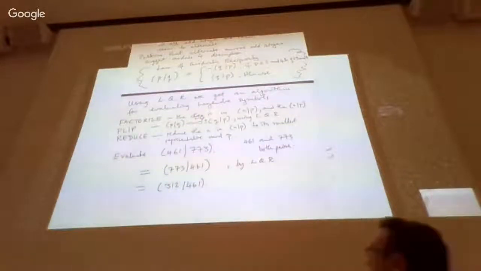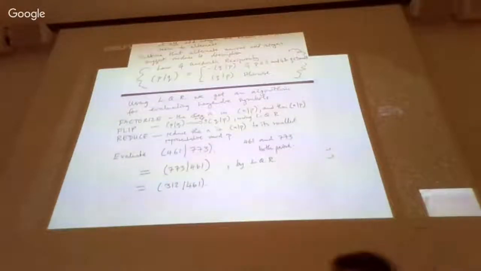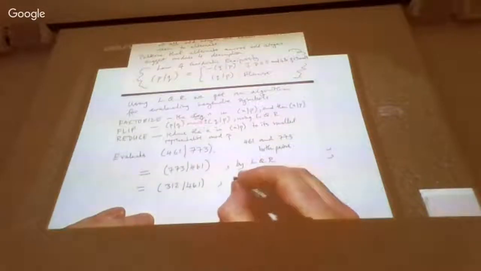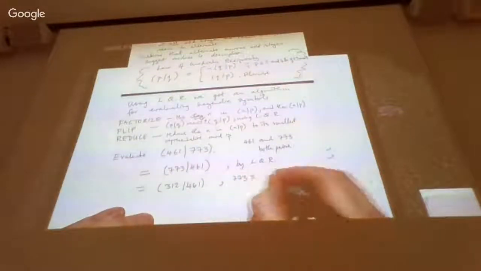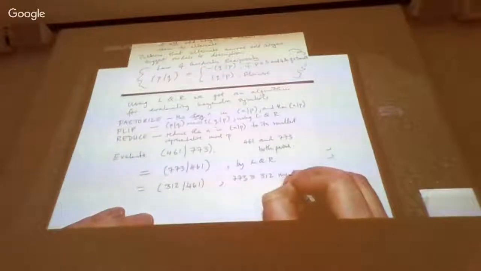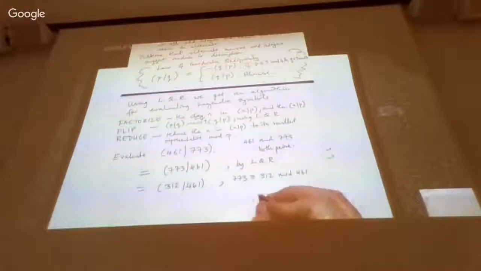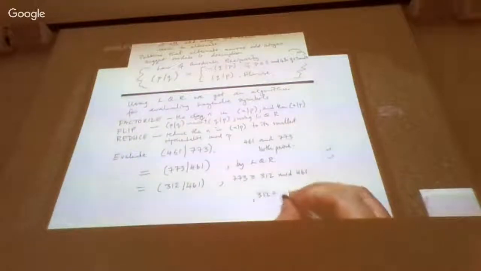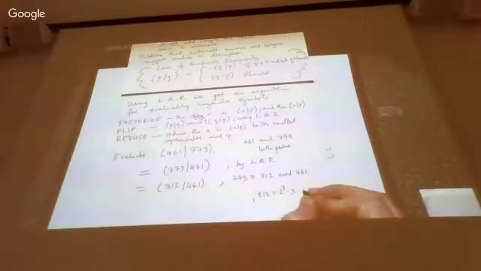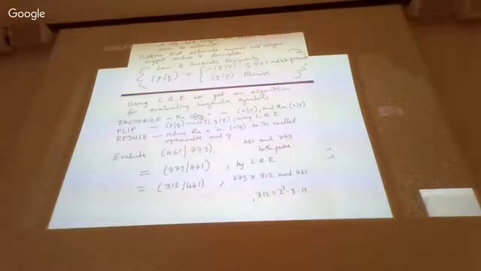So that's justified because 773 is congruent to 312 modulo 461. 312 is certainly not prime. We can factorize it. 312, the factorization is 8 by 3 by 13, apparently. 8 by 3 is 24, 24 by 13.